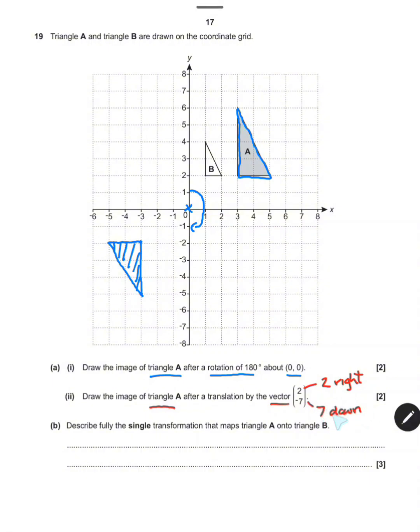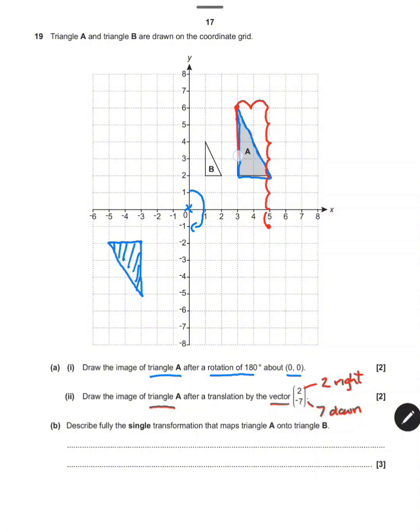So this is saying move A 2 right and 7 down. So pick any point and just go 1, 2 right, and then 1, 2, 3, 4, 5, 6, 7 down. That there is where the top of your triangle is going to finish. And then we can just draw the triangle.